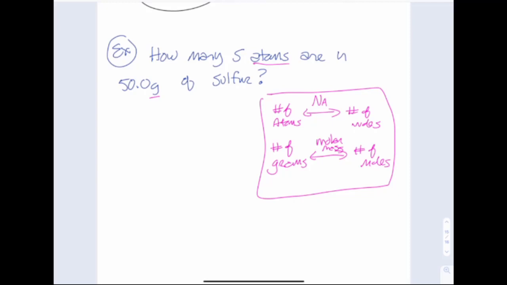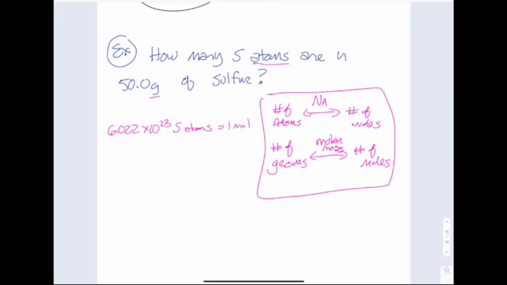So every time we're going between the number of something, in this case it's going to be sulfur atoms, and the number of moles, we're going to use Avogadro's number. And then anytime we're going between the number of grams and the number of moles, we're going to use molar mass. So we do need Avogadro's number, 6.022 times 10 to the 23rd sulfur atoms in 1 mole.